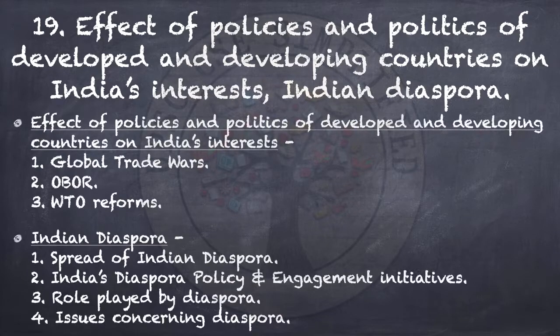If we bifurcate this topic, it is effect of politics and policies of developed and developing countries, which are global trade wars, OBOR, World Trade Organizational reforms. Talking about Indian diaspora, it is spread of Indian diaspora policy and engagement initiatives, role played by diaspora and issues concerning diaspora.